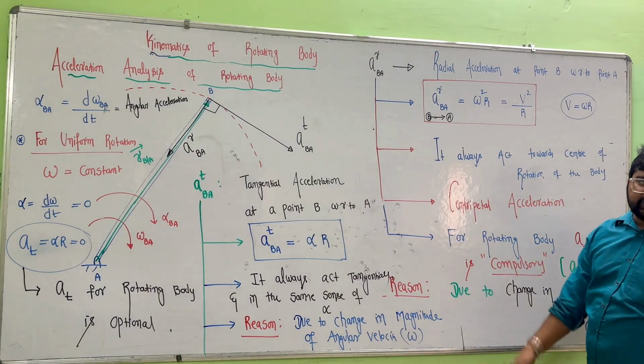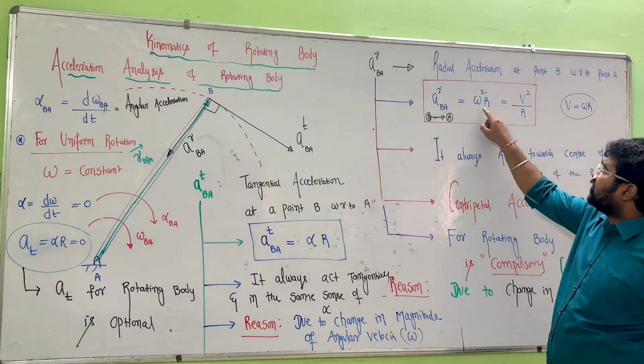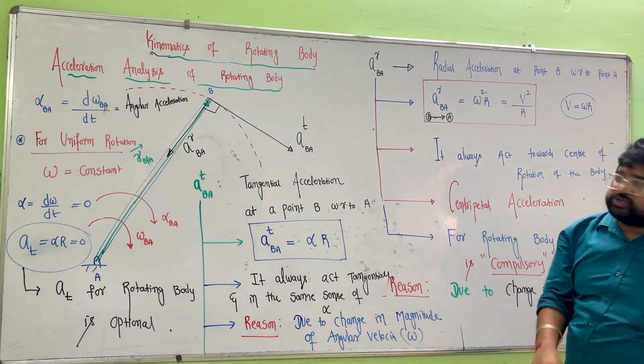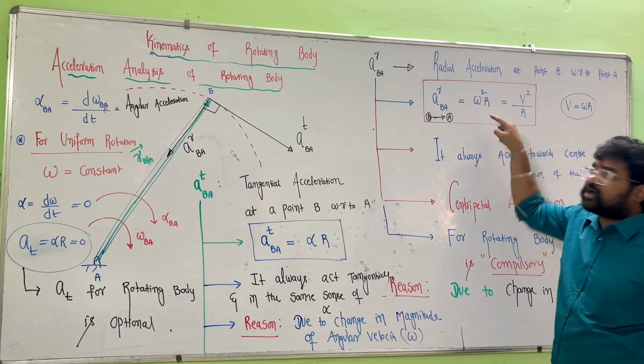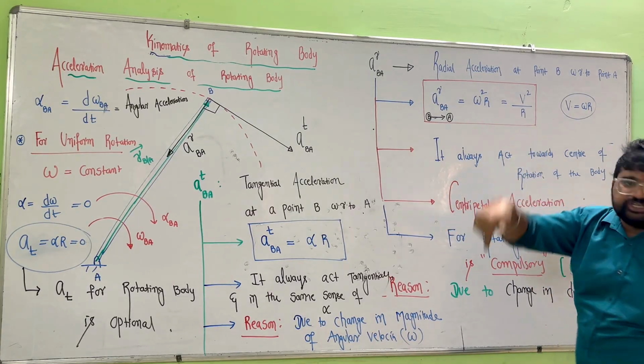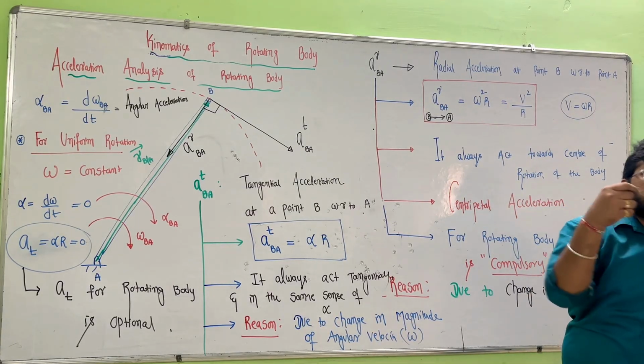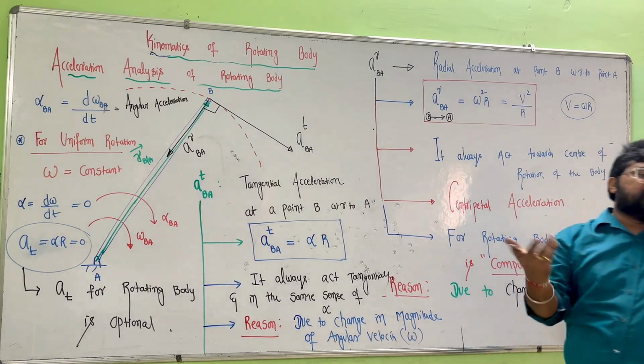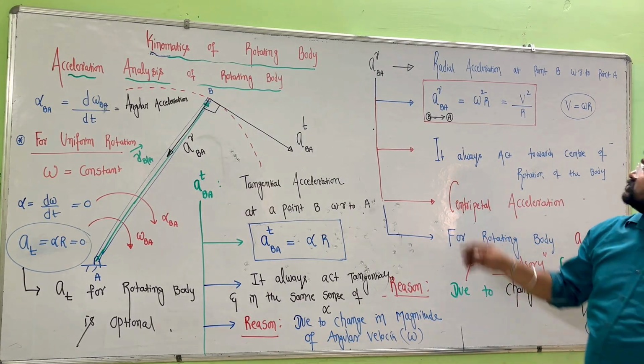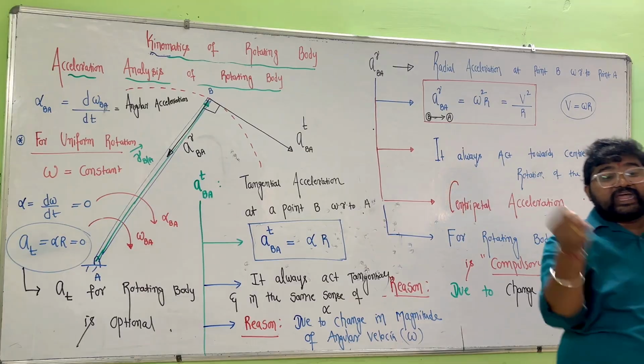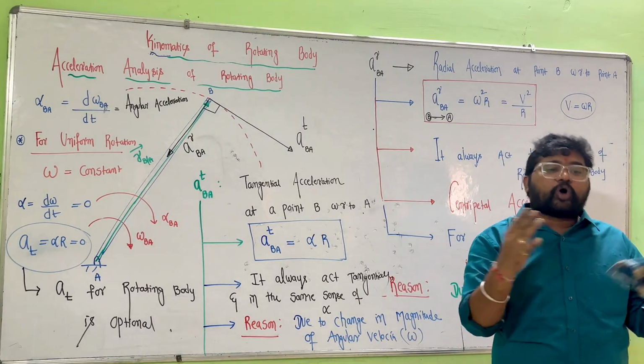So why are you taking it as compulsory? In order for radial acceleration to become 0, either omega or r must be 0. R being 0 means there is no length, it's a point. A point rotating is meaningless; the rotation of a point object you can't observe.